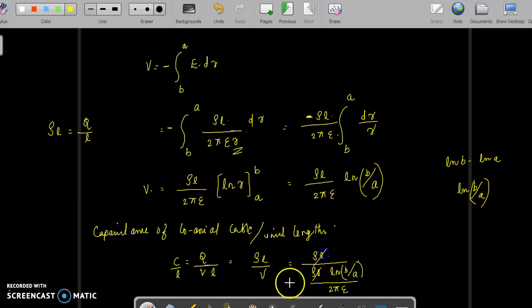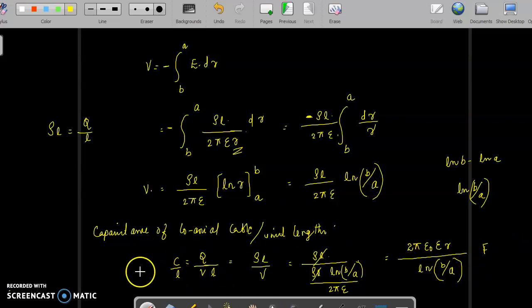So we can cancel these two terms and rearrange as 2 pi epsilon, where epsilon we can write as epsilon naught epsilon r, upon natural log of B by A, in farad. This is the capacitance of the coaxial cable per unit length.